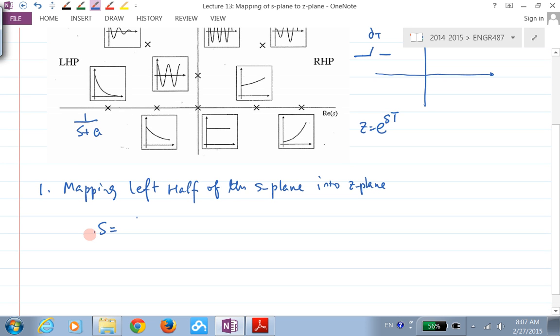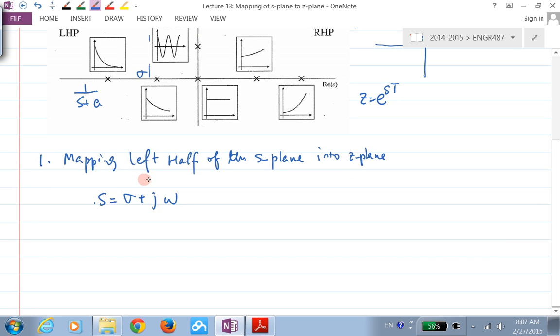Your pole in the S plane can in general be written as sigma plus j omega. For example, if I plot it here, this is sigma and this is omega. If it's in the left half of the plane, that means sigma is less than 0.